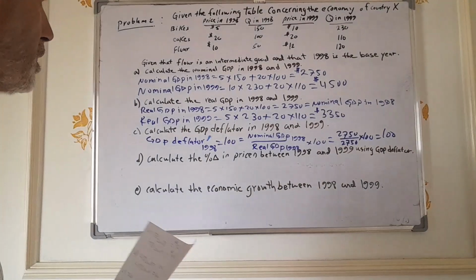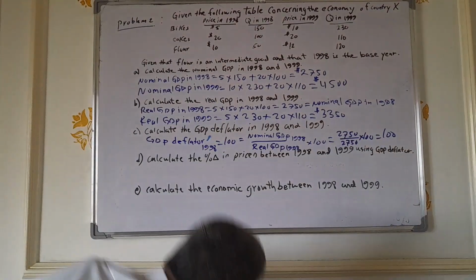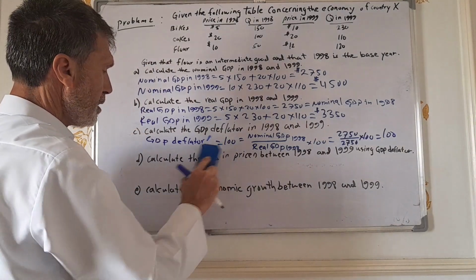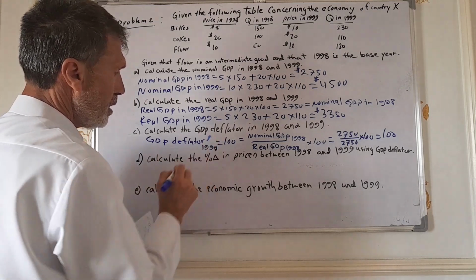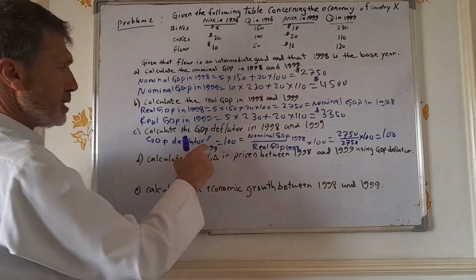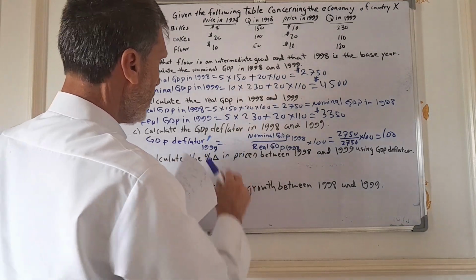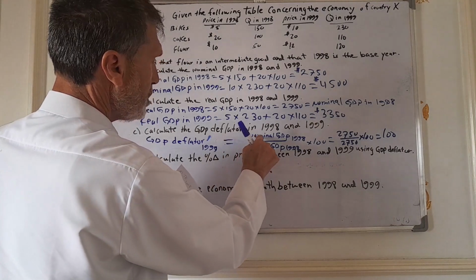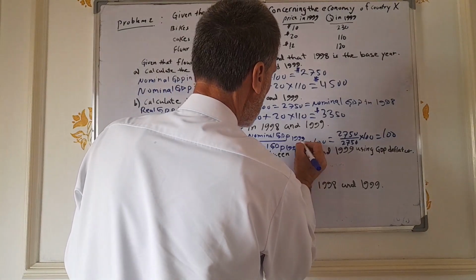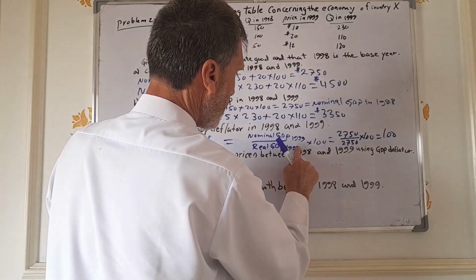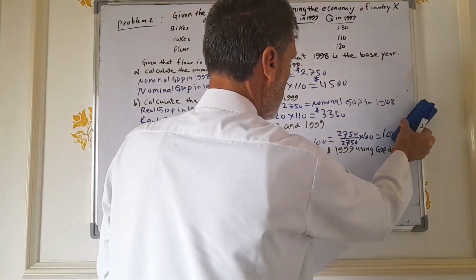Okay, now we need to calculate the GDP deflator in 1999. So let me erase here and put 1999 in this equation. It's going to be equal to nominal GDP 1999 over real GDP 1999 times 100.